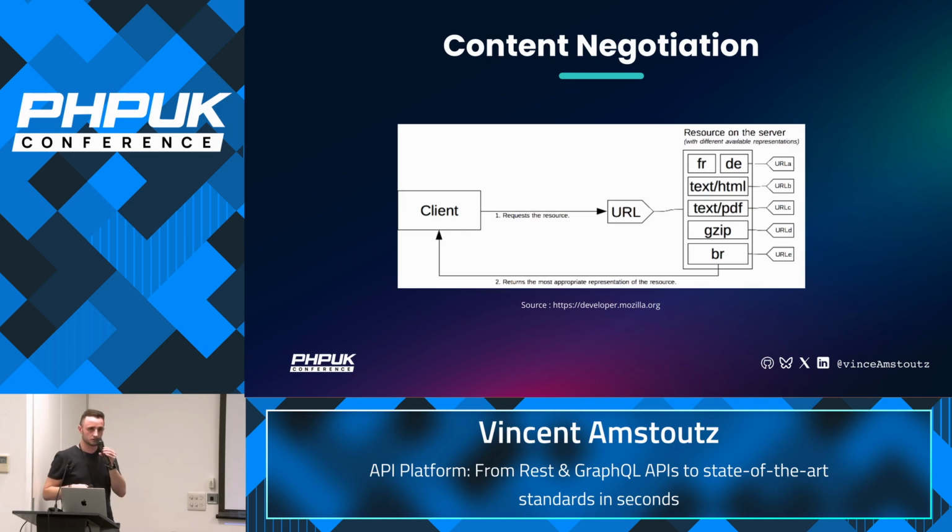Otherwise, by default, we use the first format defined in the API Platform configuration, which is the default. Then the server returns the most appropriate representation that matches this request. But if nothing is matched, we return a 415 unsupported media type answer.